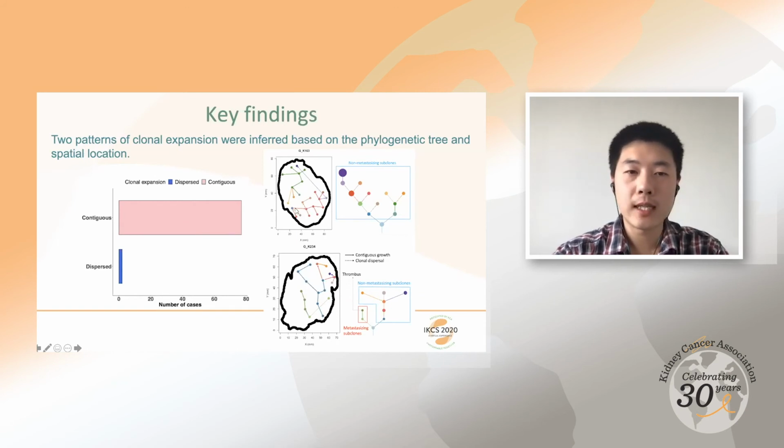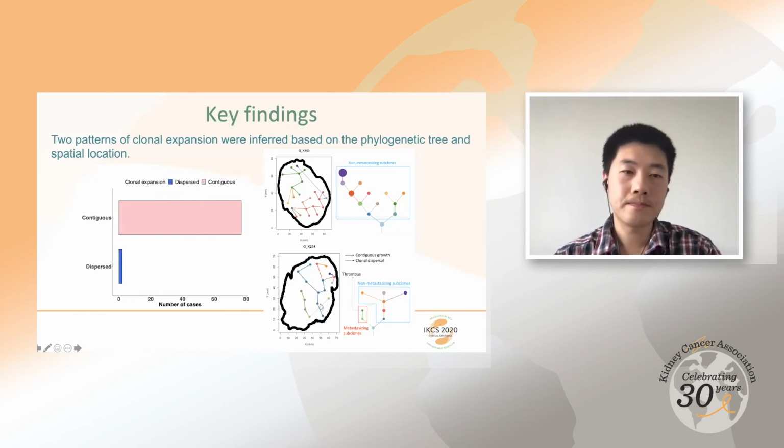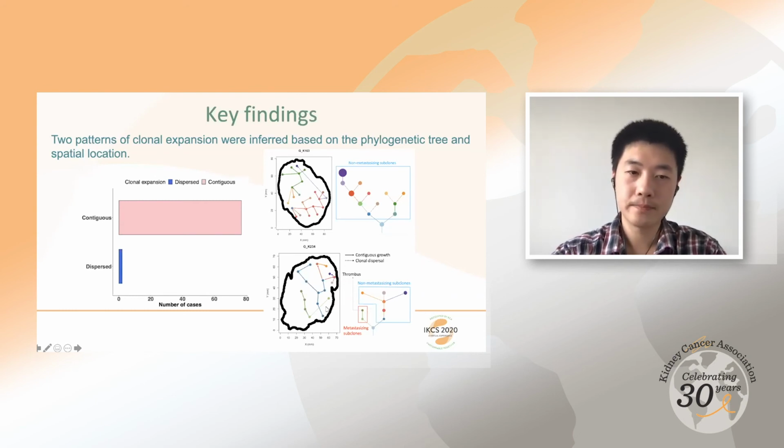And there were two cases that had clonal dispersal, where the dispersed clone, like shown here in purple and here in green, was surrounded by an uninterrupted block of genetically different subclones, which mapped to a different branch of the phylogenetic tree.